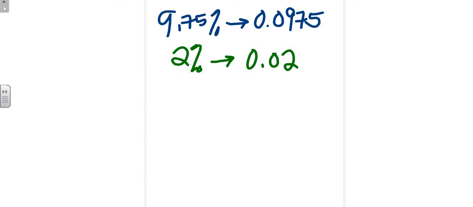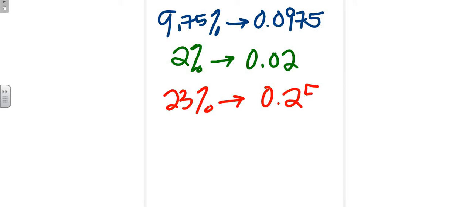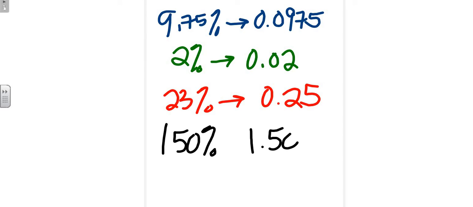So just to reinforce some decimals here, 9.75% becomes 0.0975. 2% will become 0.02. 23% becomes 0.23. 150% decimal wise is going to become 1.50.